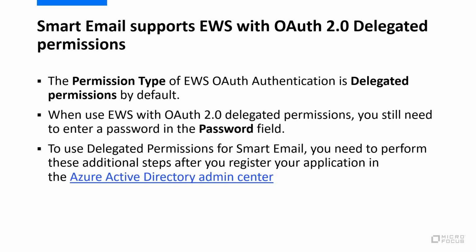Of course, to use this EWS with OAuth 2.0 delegated permissions, there are some additional steps that need to be followed here, and all of this has been covered in the link here. So feel free to take a look offline.